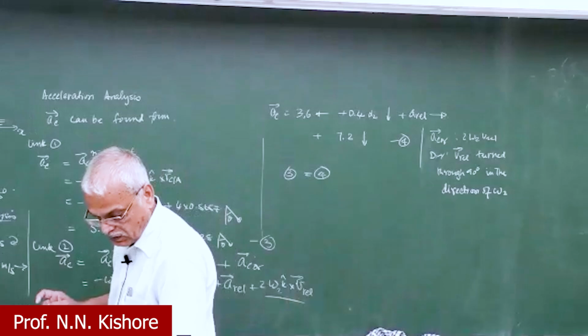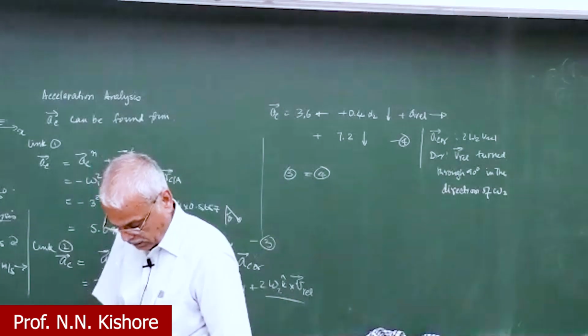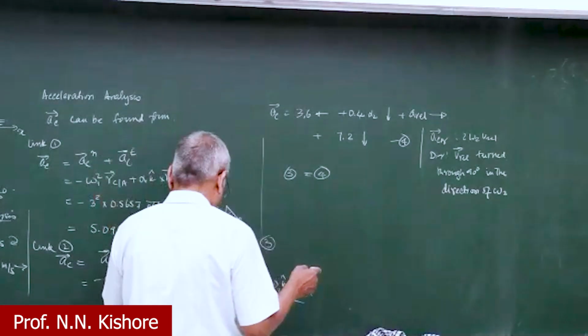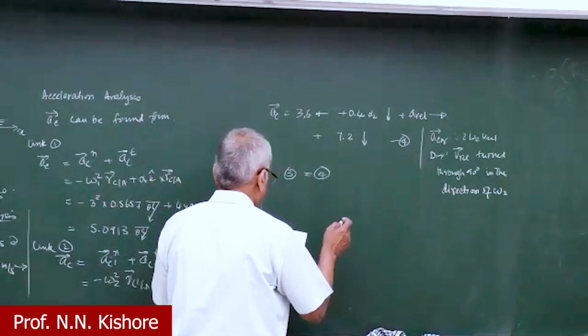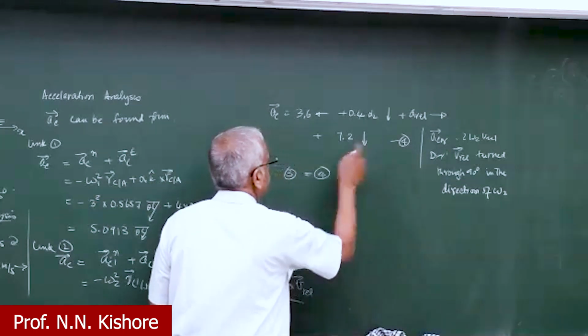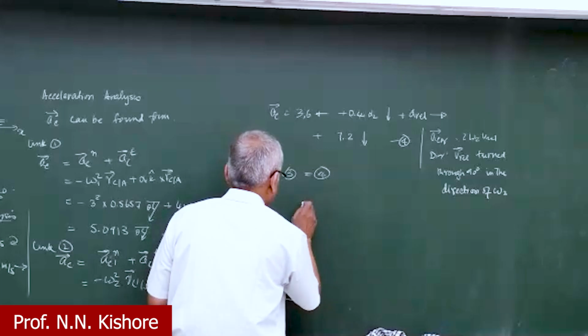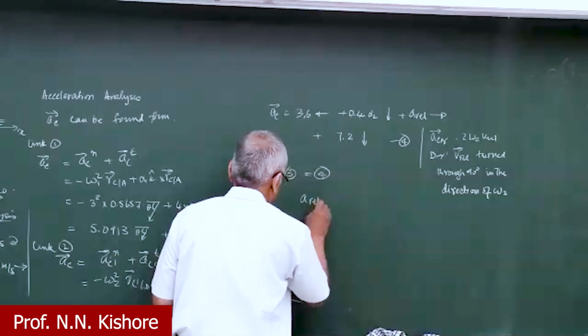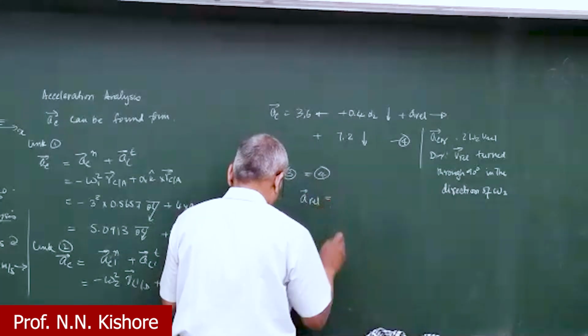Why I have written it in this vectorial form is that it's amenable to drawing a vector diagram. I'll remove this part and draw the diagram here.